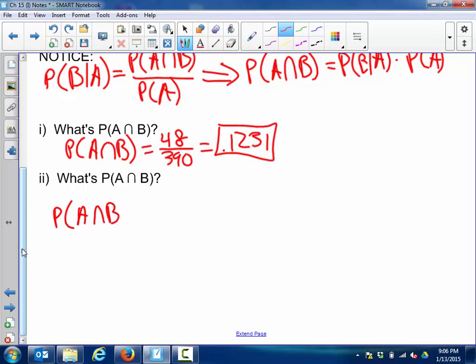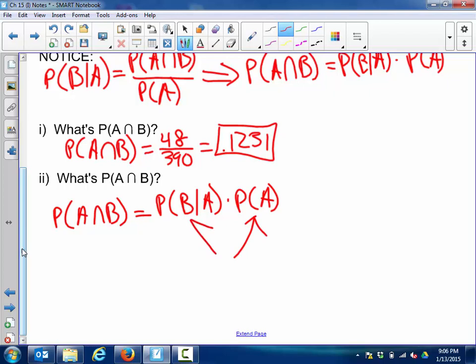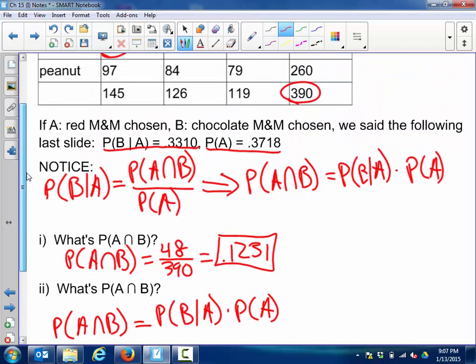Now let's use our generalized multiplication rule. The probability of A intersect B has to be equal to the probability of B given A times the probability of A. So what does this mean? If A has occurred, this must be the probability for B, knowing that A has already occurred. You just multiply those two things together.